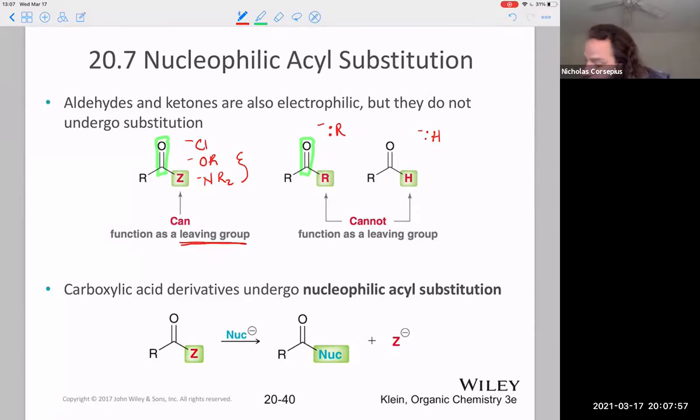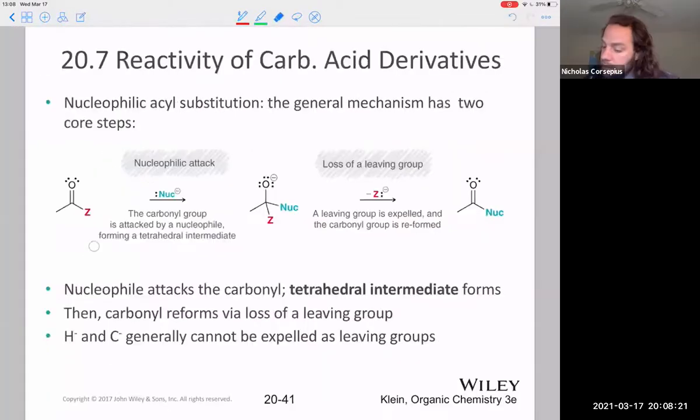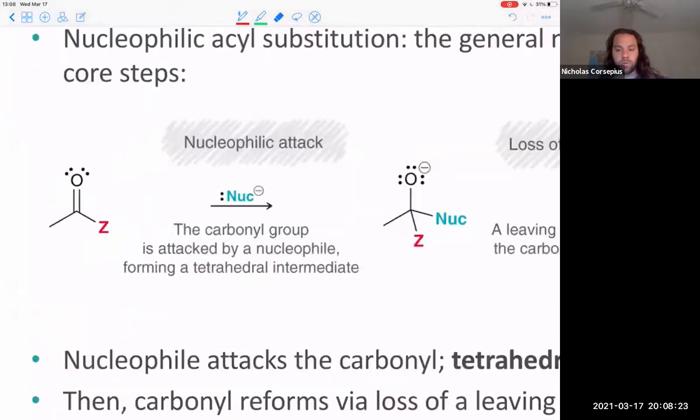And so what happens is you're going to have what's called a nucleophilic acyl substitution reaction, right? So substitution, it's not just an addition. You're actually swapping out whatever that heteroatom was for a new nucleophile, right? So substituting those two functional groups. And then also, again, the key feature here is that we have that heteroatom acting as a leaving group. These are all going to follow the same general reaction mechanism.